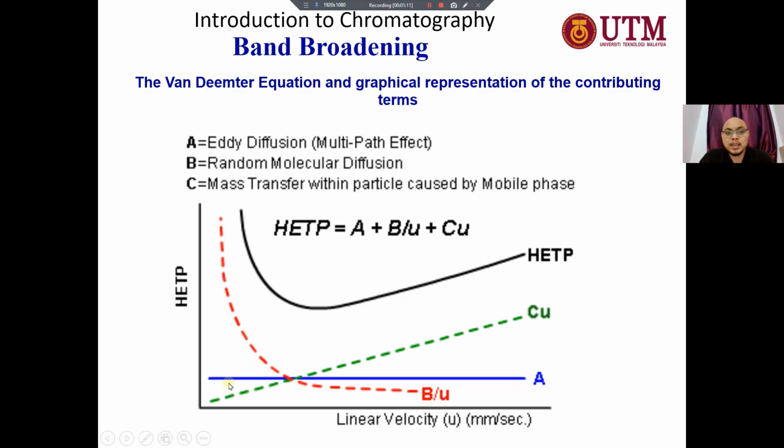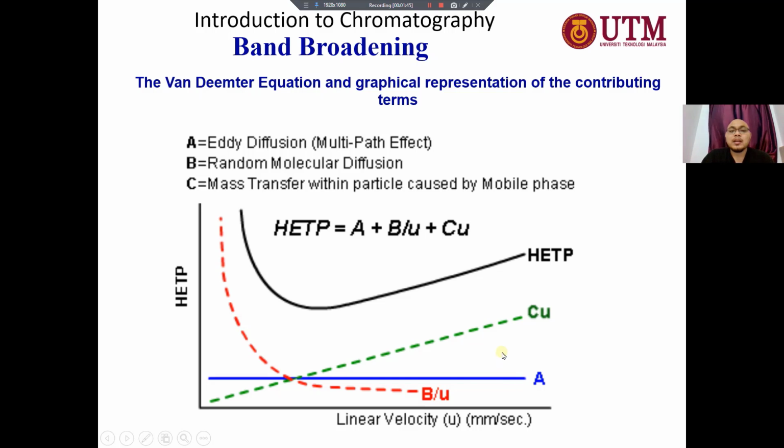If we look at A, eddy diffusion or multiple path effect, regardless of any increase in the velocity or flow rate of the mobile phase, it will not change the peak broadening. It will not improve or decrease the effect of peak broadening.